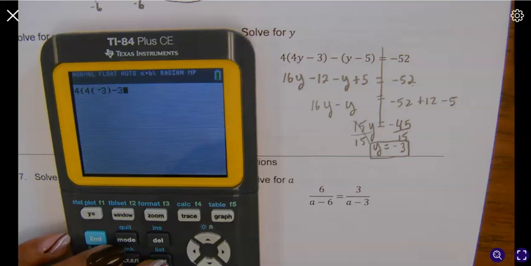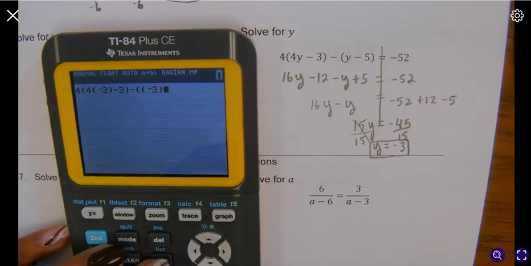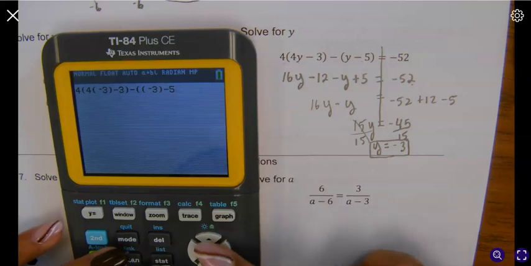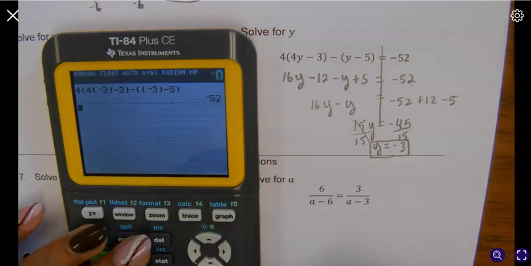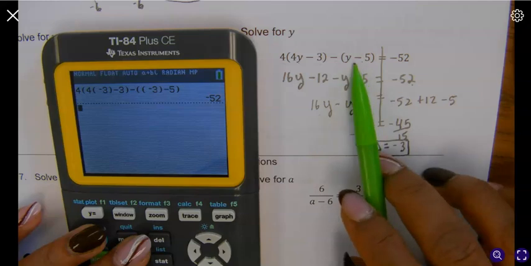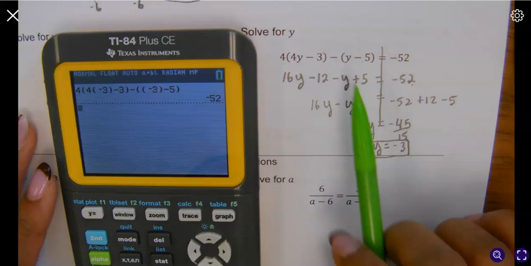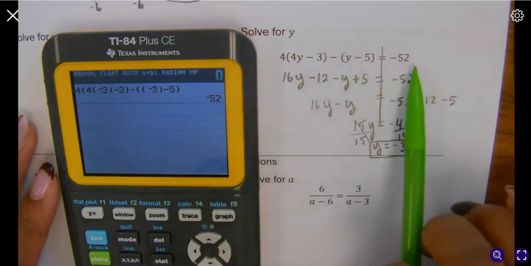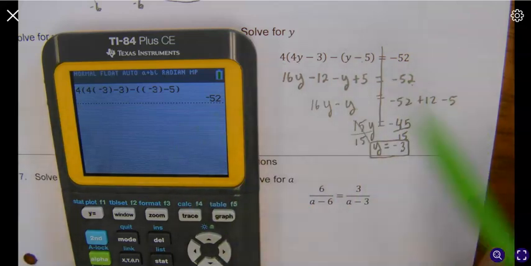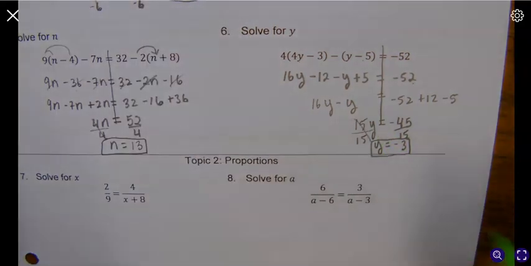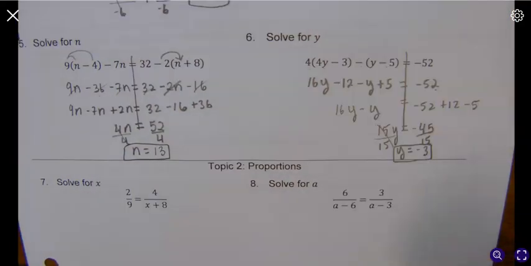Put it in parentheses, negative 3. Close parentheses. And then minus y, which is negative 3 again, minus 5. Close parentheses. Alright, I got negative 52 when I plug negative 3 in for my equation, for the left side, and then I got negative 52, so that works out. Yeah, that's the first section.